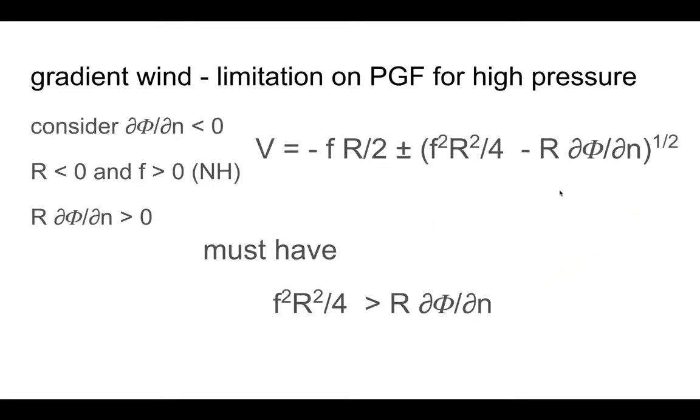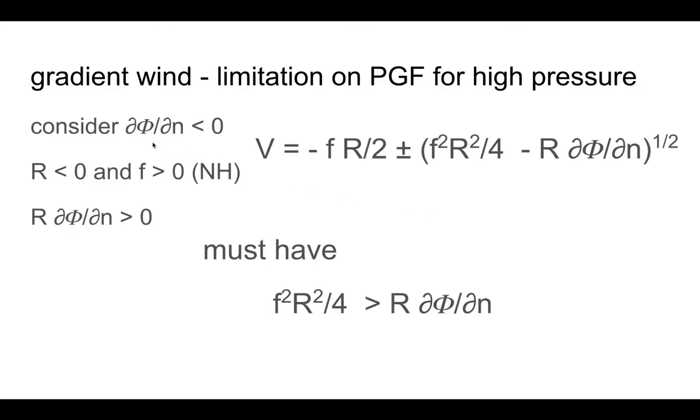And going back to making sure that the term in the square root is not negative, this actually puts a limitation on the pressure gradient force for high pressure systems.